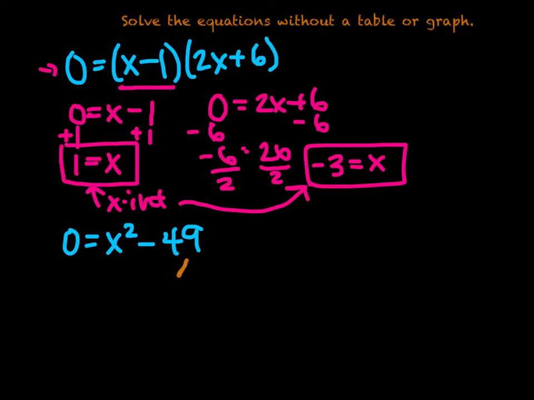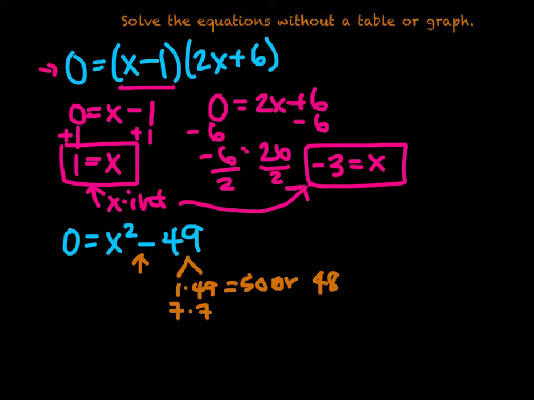Simple enough, I suppose. There's no b, but at the same time, here's my c term, so I need to play around with that. I know 1 times 49 can get me 49, and 7 times 7 can get me 49. And I need to figure out which of these numbers will add or subtract to get me 0. Well, 1 plus 49 will get me 50, and 1 minus 49 will get me 48, or potentially a negative or positive version of those.